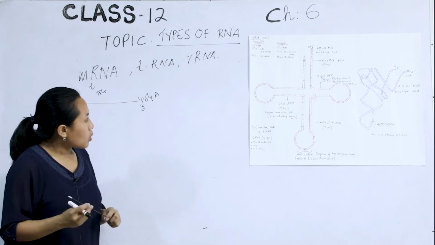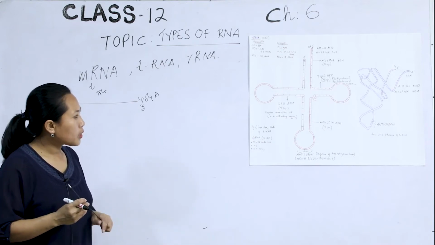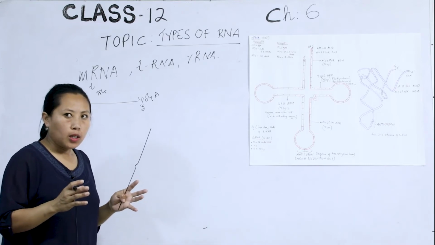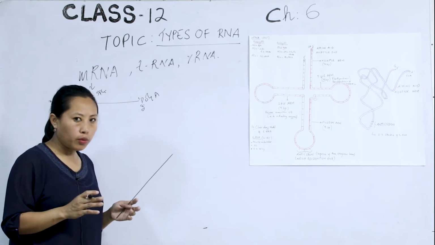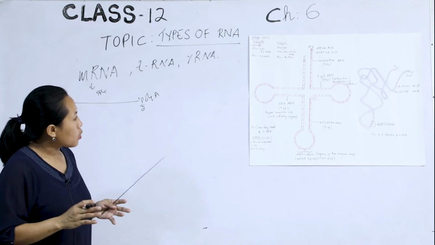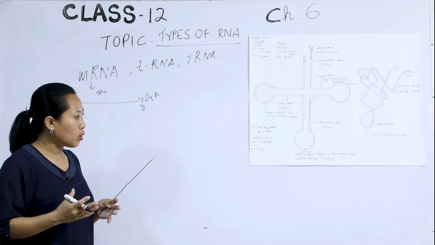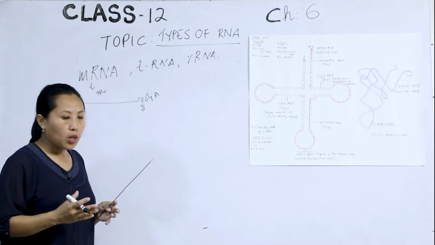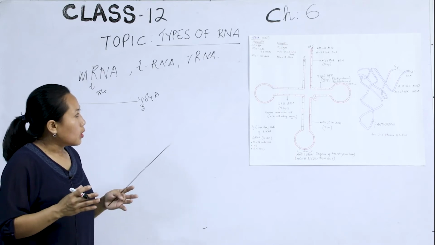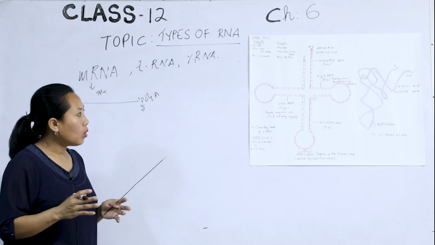The tRNA is involved in protein synthesis during the process of translation. As you open your textbook and look at the figure of transfer RNA, you can see that it has 4 arms.